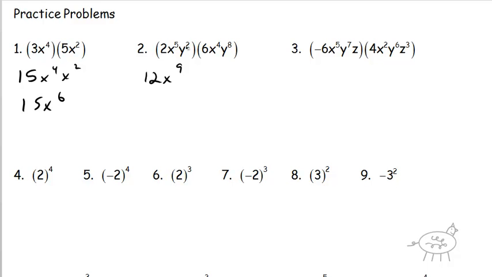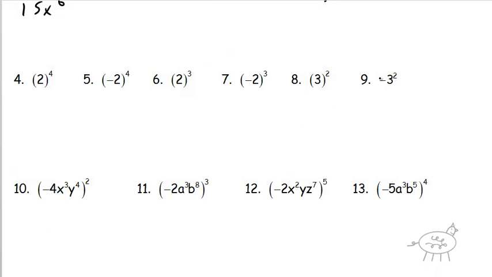And y squared times y to the 8th, so y to the 10th. That's your answer. Okay, next one, negative 6 times 4, negative 24. X to the 5th times x to the 2nd, x to the 7th, adding exponents. Y to the 7th times y to the 6th is y to the 13th. And z to the 1st power times z to the 3rd is z to the 4th power. And that's it. Simplified. Okay?